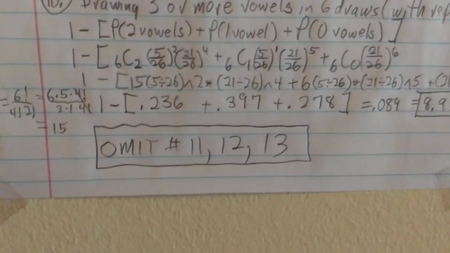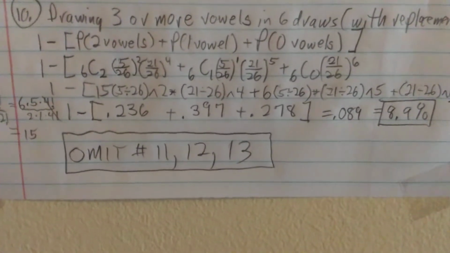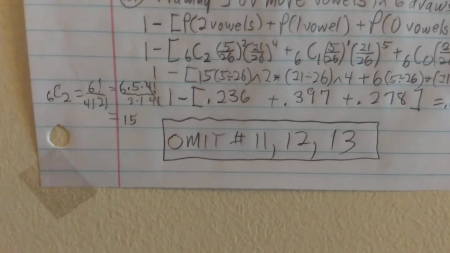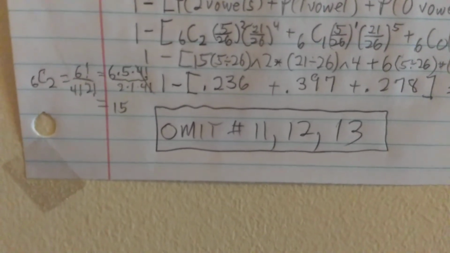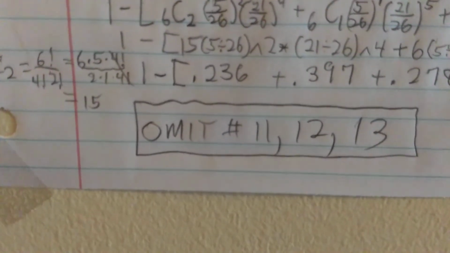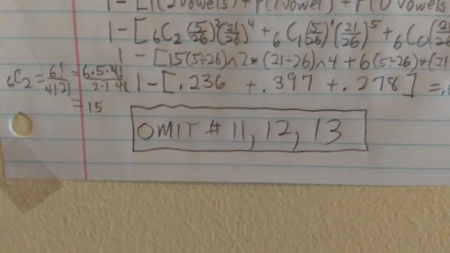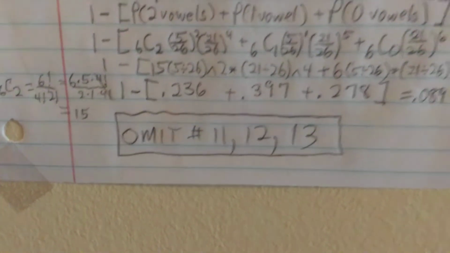So 1 minus parentheses, 6C2, as you can see over here, is 6 factorial over 6 minus 2, 4 factorial, divided by 2 factorial. The 4 factorials cancel, and it's 6 times 5, 30 over 2, or 15.